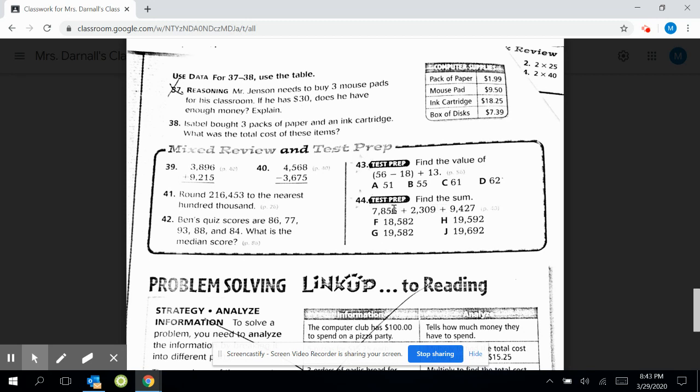All the numbers in the tens place stacked on top of each other. All the numbers in the ones place stacked on top of each other. And when you do that, then you will just add them up. And what would those be?